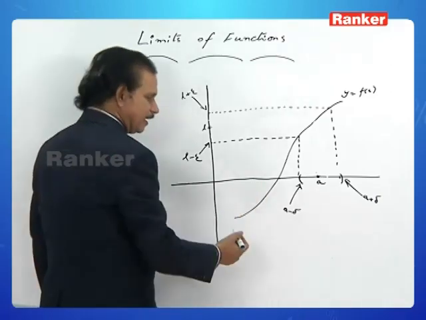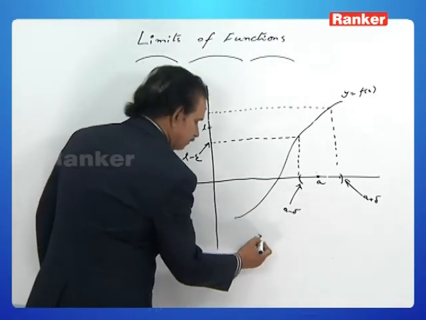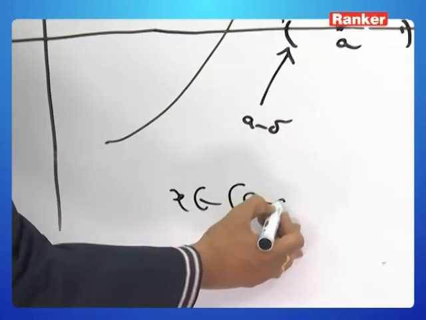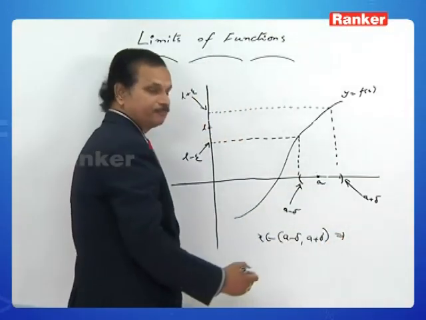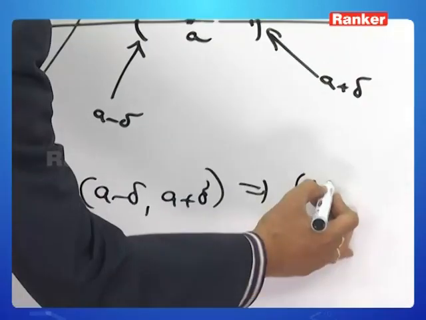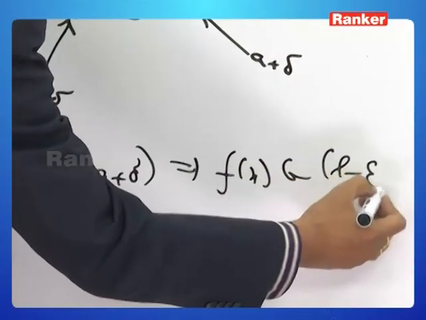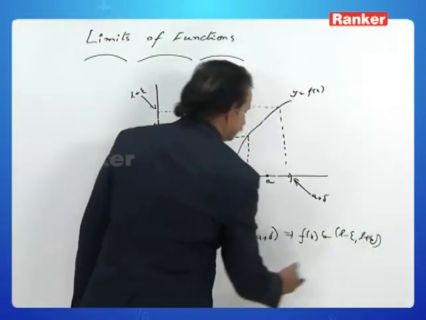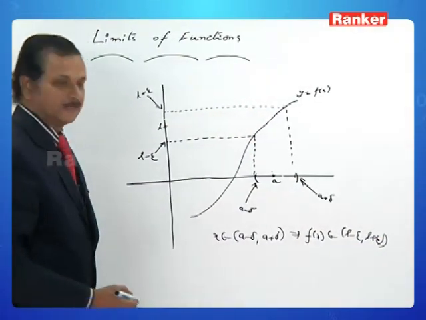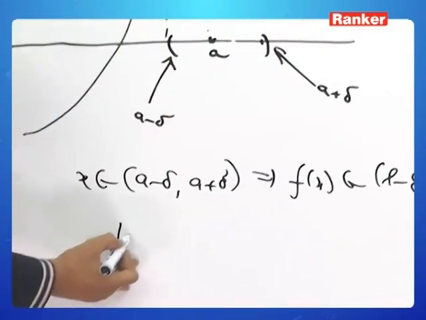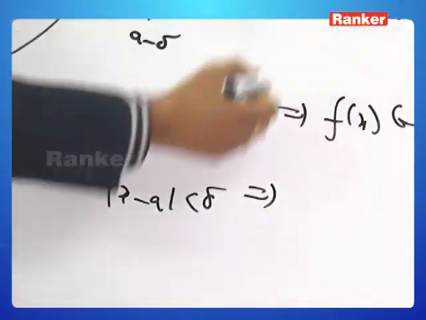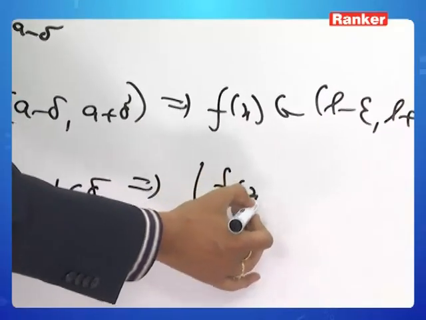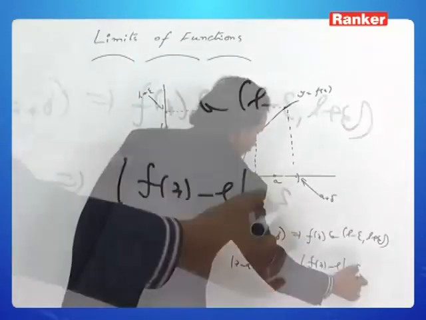What can you say from this figure? x belongs to (a − δ, a + δ) implies f(x) belongs to (L − ε, L + ε). That is, |x − a| < δ implies |f(x) − L| < ε.